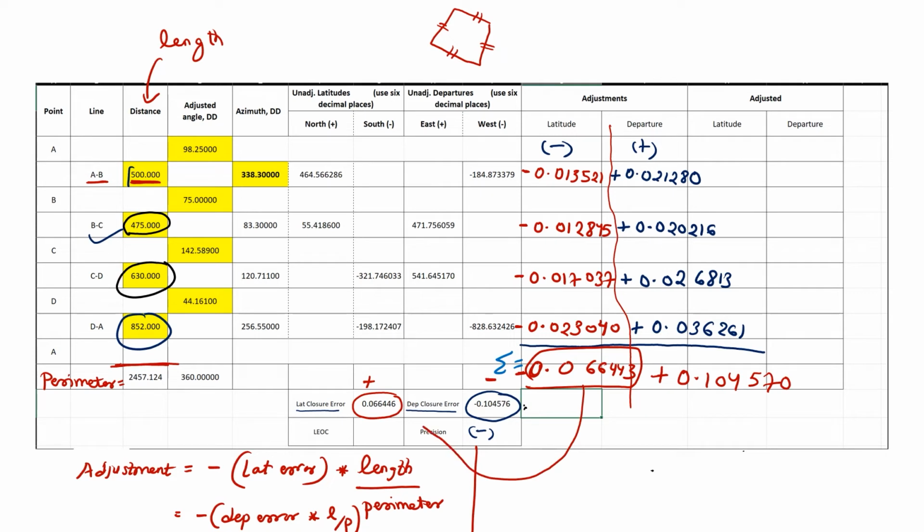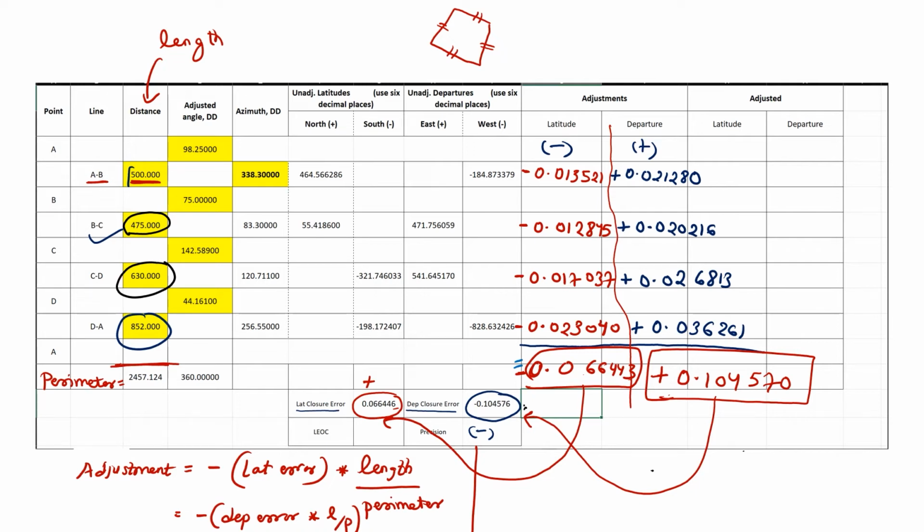Okay, and you can see that when we add all the adjustment, this sum should be equal to the lat closure error, and this sum should be equal to the departure closure error. The number should be equal and the sign should be opposite, right? So here you can see that these two numbers are equal. Don't worry about this last digit. Most of our digits are matching, and you don't need to worry if the last digit matches or not.